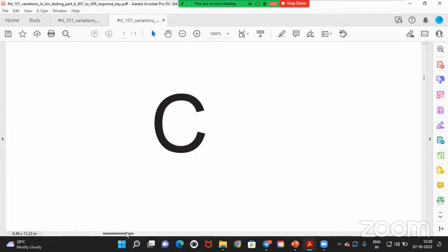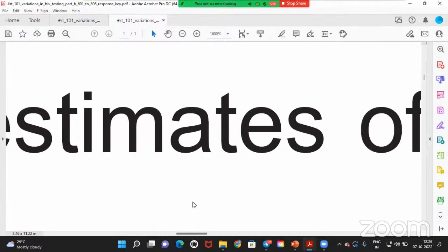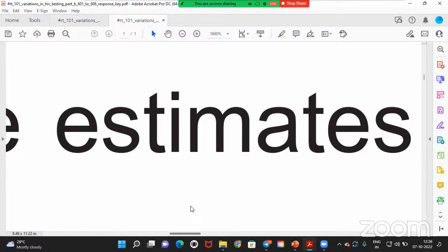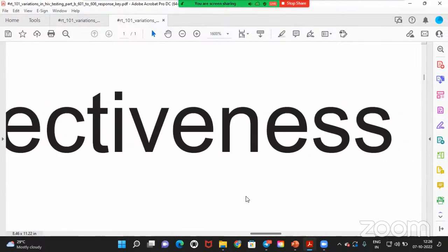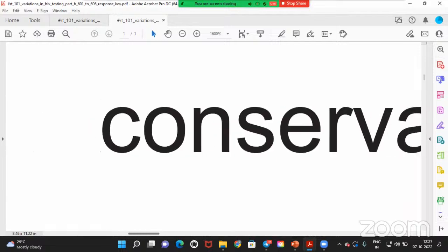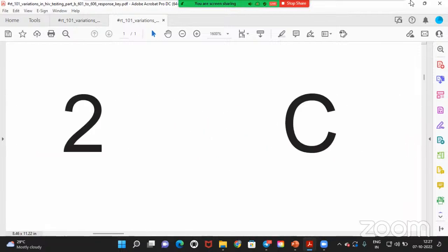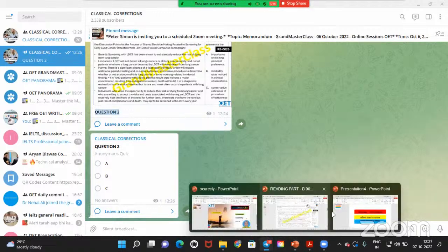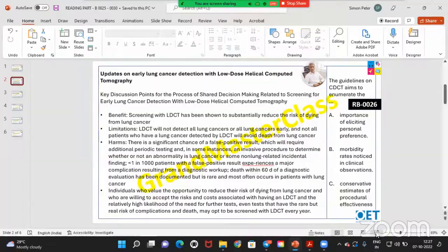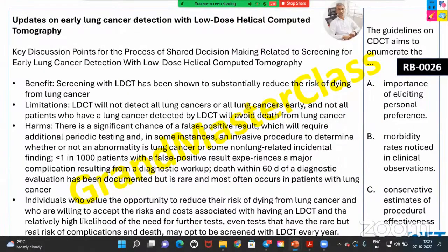So the second answer is C. Okay. And conservative estimates of procedural effectiveness. Okay, now let us see that.